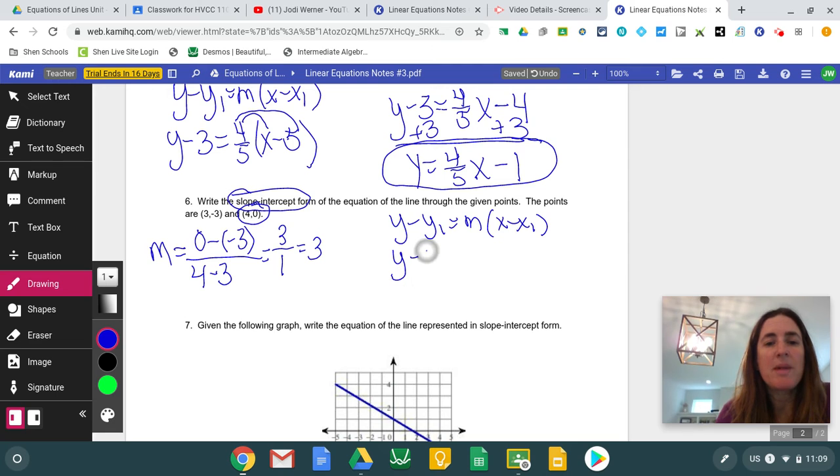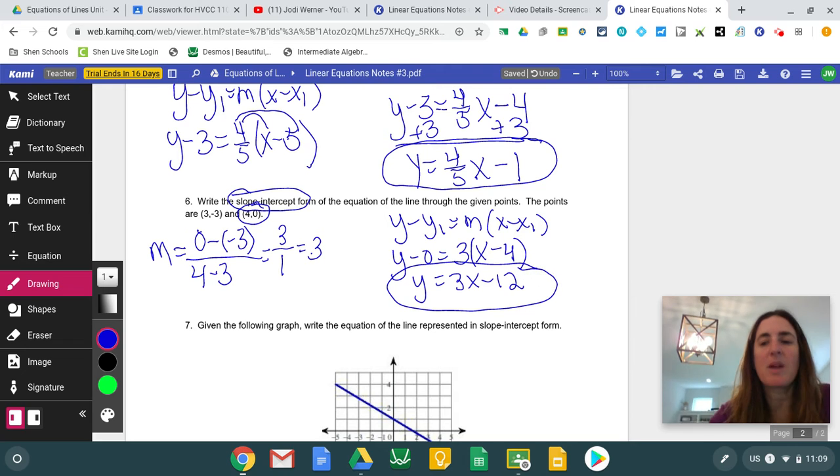So y minus 0 equals 3, because that's my slope that I just found, times x minus 4. Sweet. That whole side went away. This turns into 3x minus 12, and there is my y equals mx plus b, or my slope-intercept form of the equation that passes through those 2 given points.